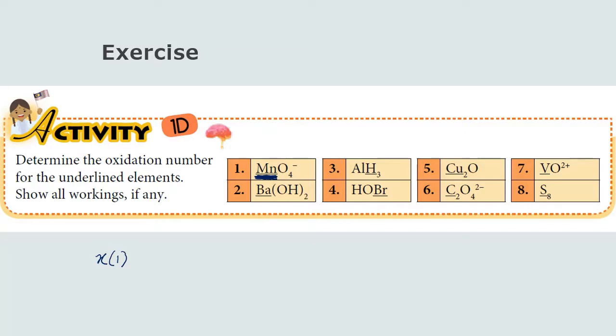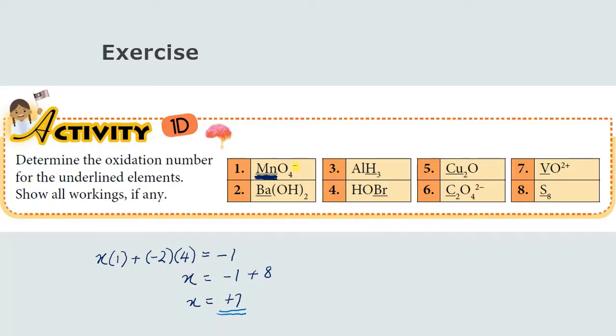Next, the oxidation number of oxygen is -2. How many oxygen in the polyatomic ion? 4. Total it with the charge of the polyatomic ion, which is -1. So X is -1 plus 8. So X is plus 7.